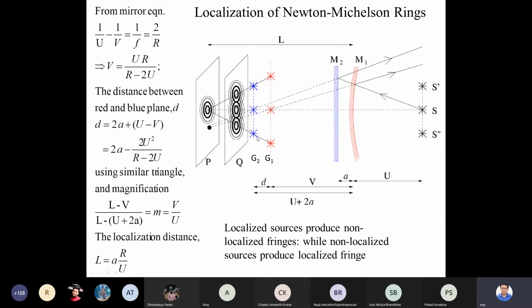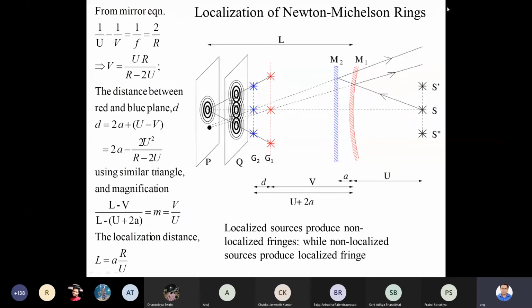But if you extend this, somewhere you will get a plane where you have just one ring, meaning a set of fringes centered at this optical axis. This position is fixed. If you vary it, only at one position, suppose P, you will get this kind of pattern. At other positions the images are diminished, and you will not get a fine image. So this is the localization of the image.